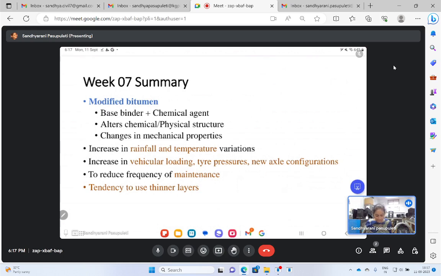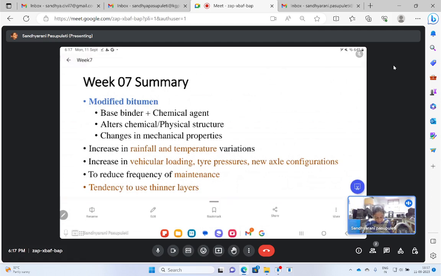In addition, the introduction of bituminous mixtures and the process of preparing the mix design has been discussed, and the details regarding the mix design, which are volumetrics, will be discussed in the upcoming week. So let us start with the modified bitumen.